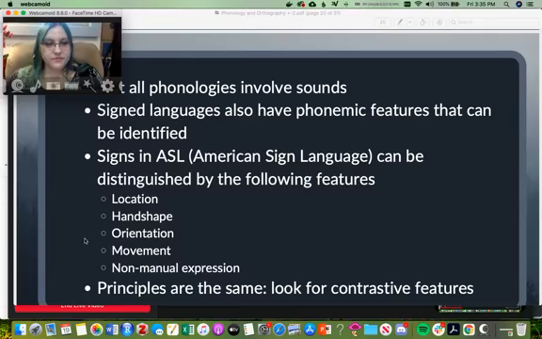There are examples of words in ASL that will be minimal pairs, where you change one of these aspects, like you change the location of where you do a sign on the body, and it changes the meaning completely. I can show you some videos of those if anyone's interested afterwards.